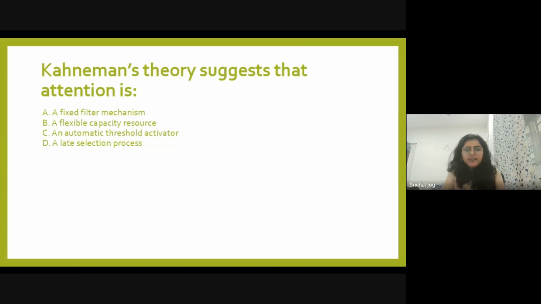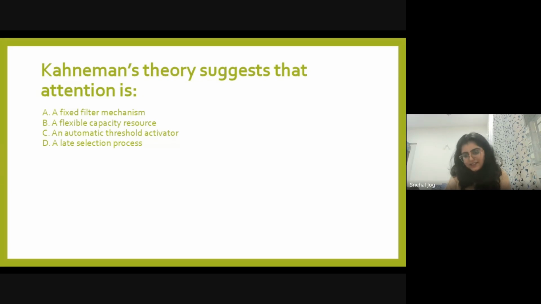Correct. The answer is B, a flexible capacity resource. We are not talking about a fixed filter mechanism. Who said that it is a fixed filter mechanism? Correct. Broadbent. Who said that attention is nothing but an automatic threshold activator? No. Automatic threshold activator was Treisman.